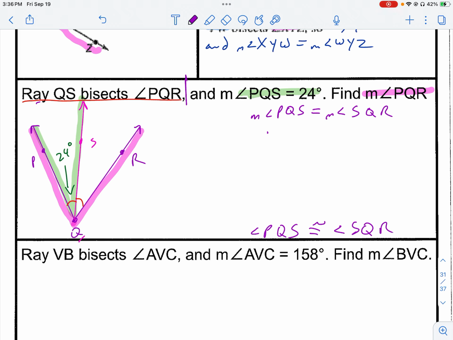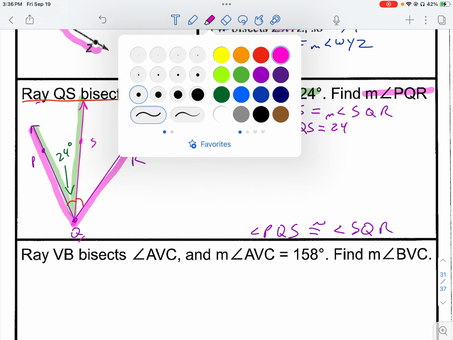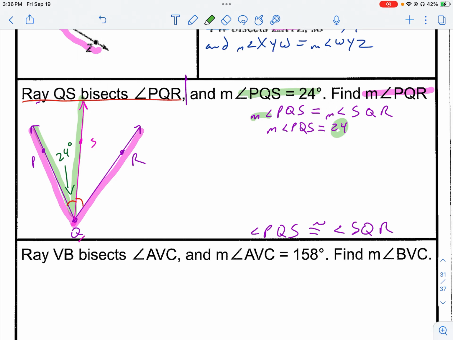I also know that the measure of angle PQS equals 24. So if PQS is 24, I can substitute in 24 for PQS right here and get 24 equals the measure of angle SQR. Oh, well, that's pretty simple.